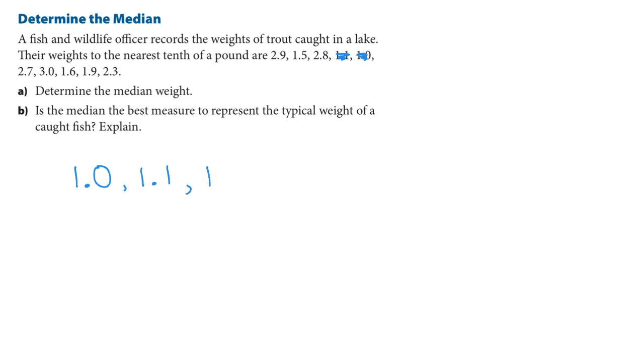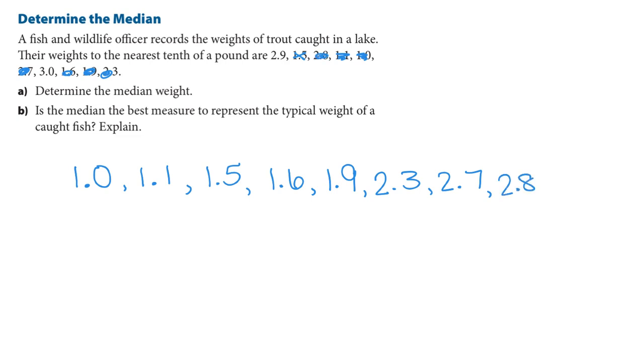Then I have 1.5 and 1.6 and 1.9 and 2.3 and 2.7 and 2.8, 2.9, and 3.0. Now I can see my numbers are all crossed out, so I didn't forget any, and all my numbers are in order.